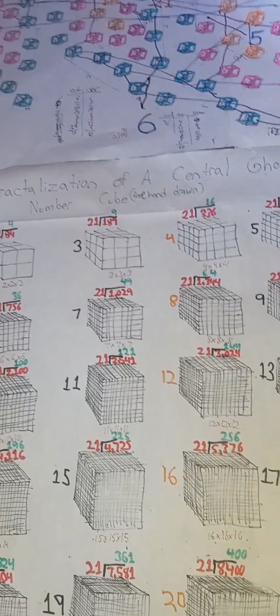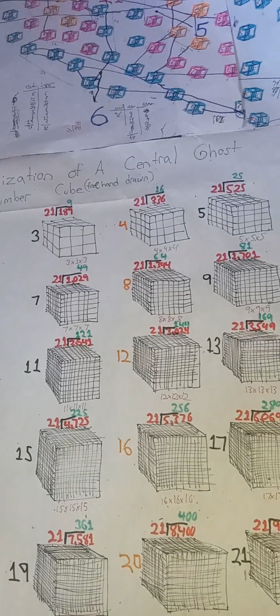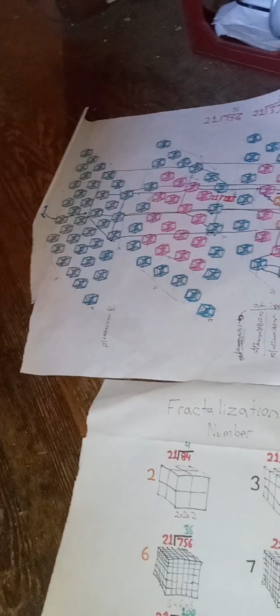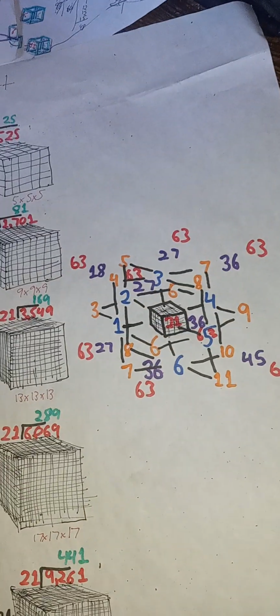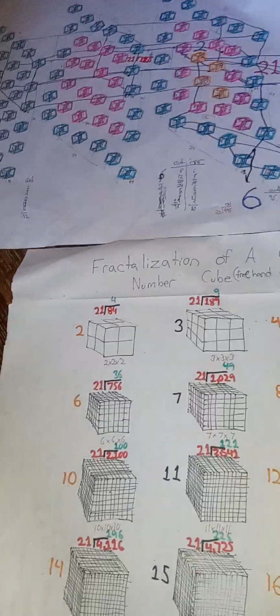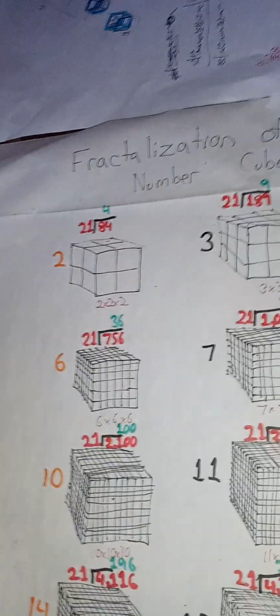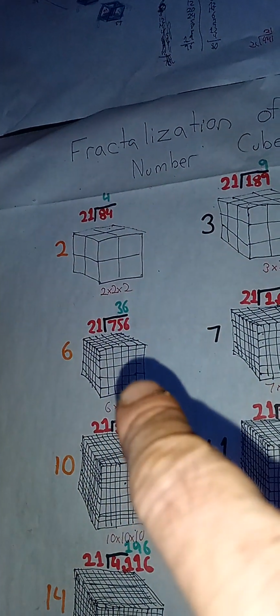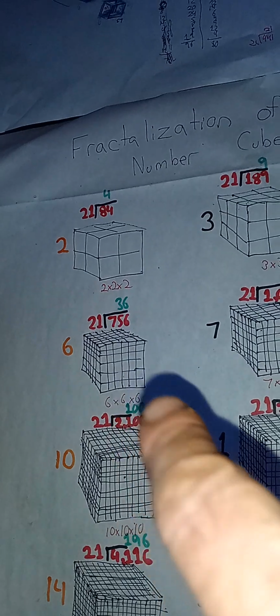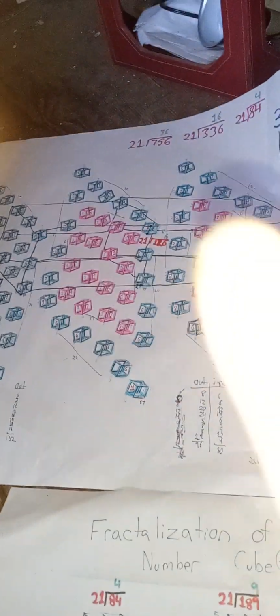But the one thing I wanted to bring up is that in this case, with 1, 2, 3, 4, 5, 6 around it, like this magic ghost number cube that I always study for the basic understanding of it, it's this cube right here, 6x6x6, and its number at the top here is 75621.